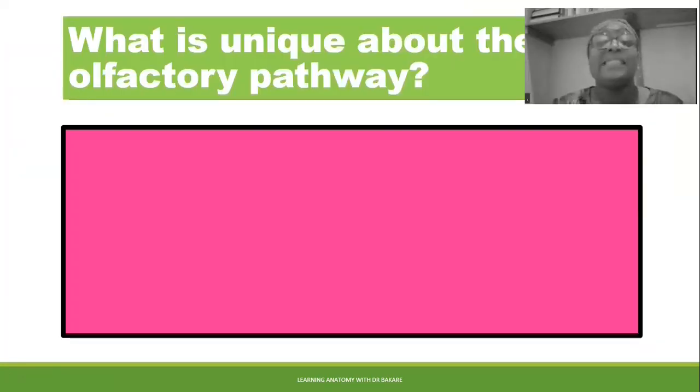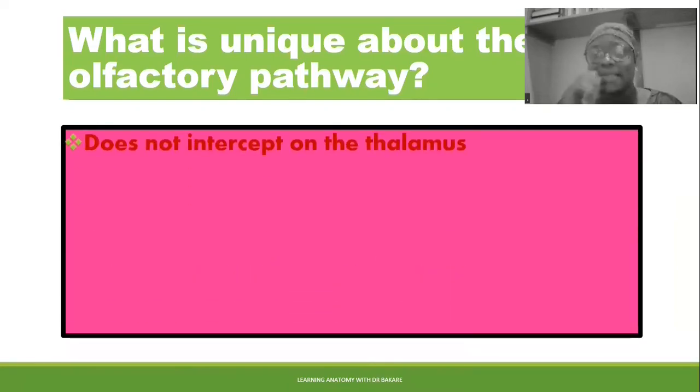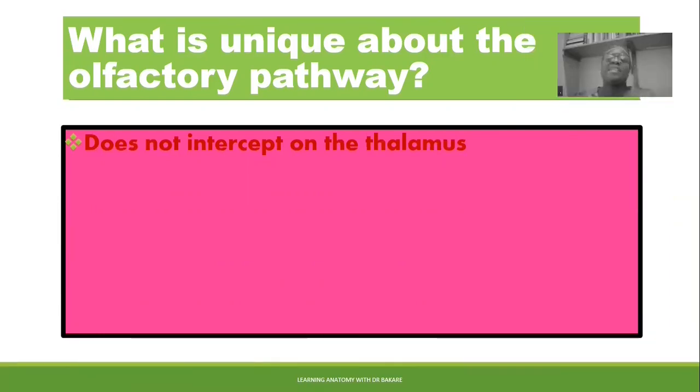We have studied the olfactory pathway and also a number of other pathways. What is distinct about the olfactory pathway? The olfactory pathway is distinct in the sense that it does not intersect on the thalamus. If you go through the other pathways, you see that they are intersected on the thalamus before they are finally terminated on the cerebral cortex, where the perception will be felt.